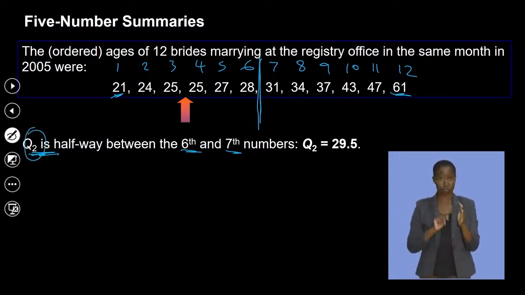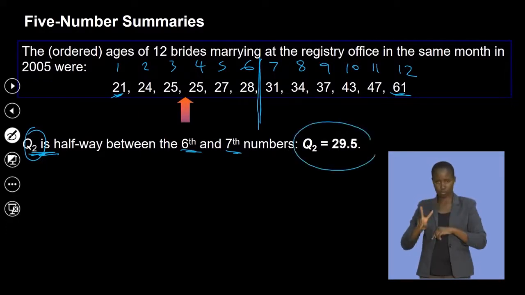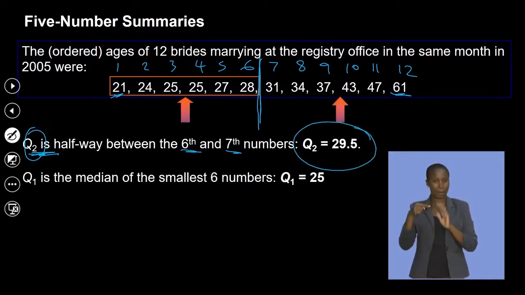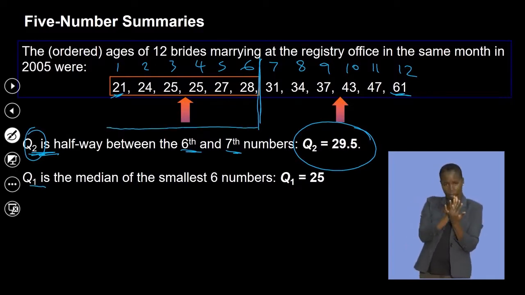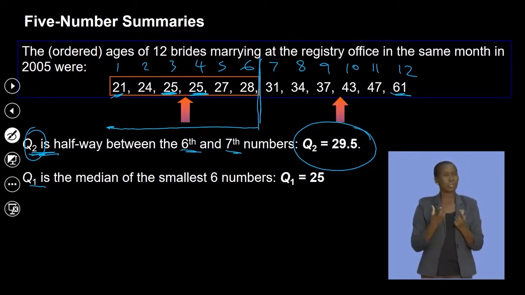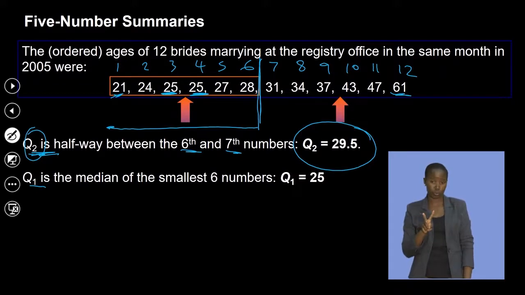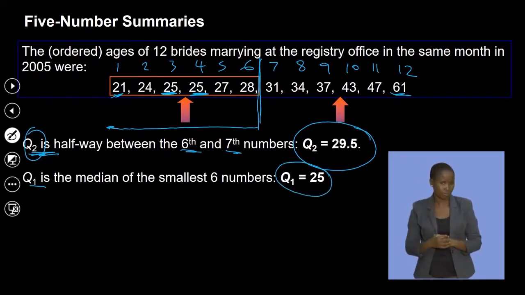So how do we find Q2? Q2 will be 28 plus 31 divided by 2. It will give us 29.5. Now, to find Q1, we find halfway through the lower half, which is between 25 and 25. How do we do that? It's 25 plus 25 divided by 2, which gives us 25.